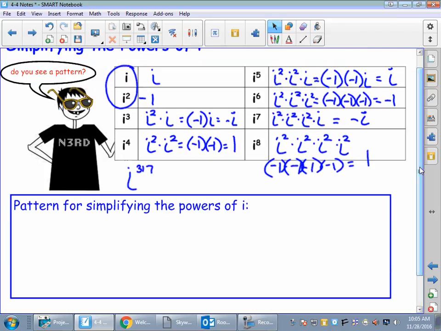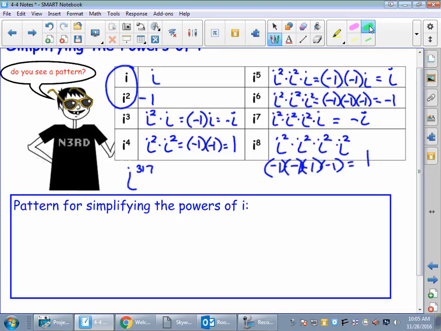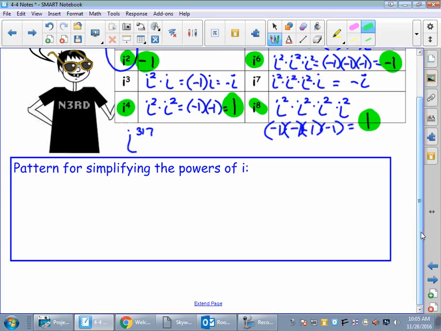And actually, I'm going to tell you the pattern instead because these notes are recorded. So if you look at the evens and odds, 2, 4, 6, and 8, even powers of i become the ones and the negative ones. So if it's even, it's going to be a 1 or a negative 1. So that's the first thing you're going to do, is say if it's evens or if it's odds.